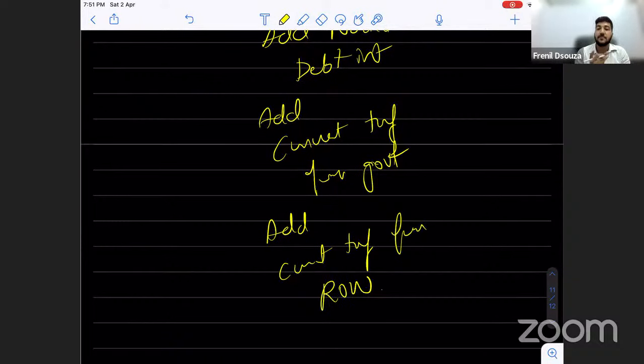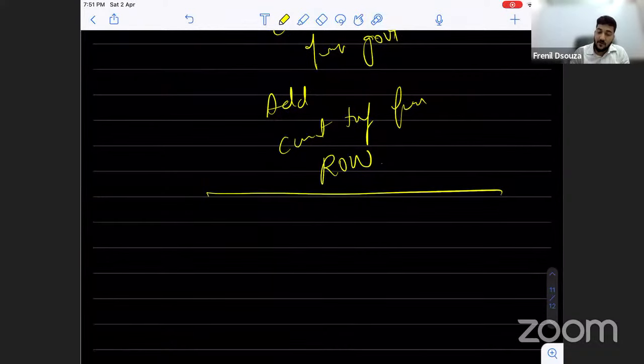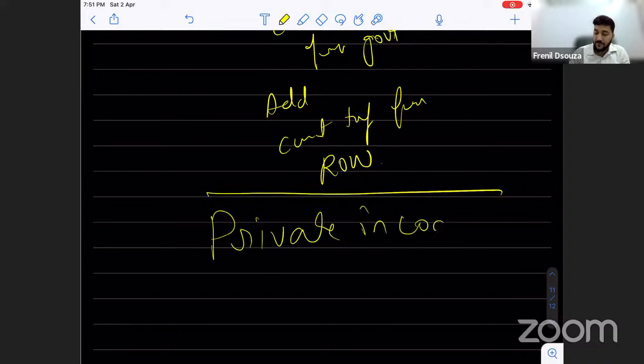Okay, current transfers from rest of the world. When you add these 3 things, the resultant is called private income.